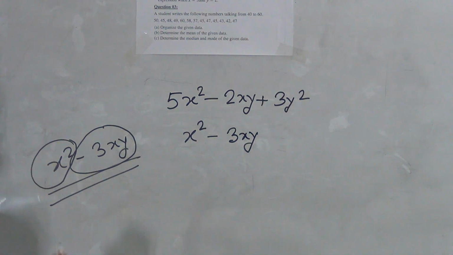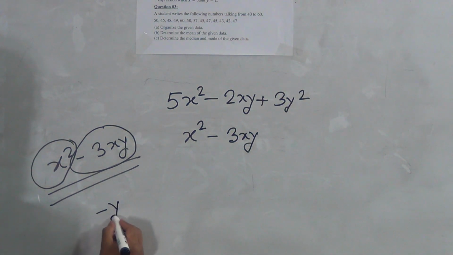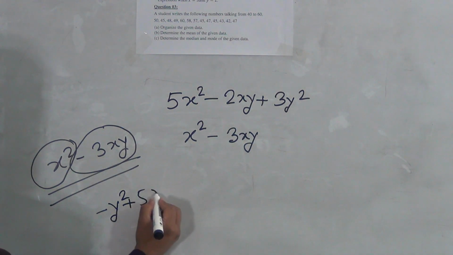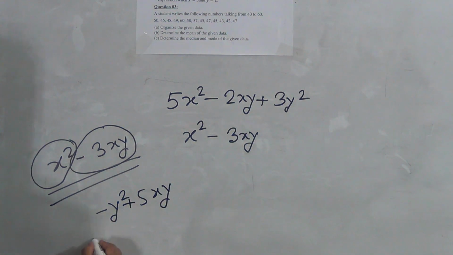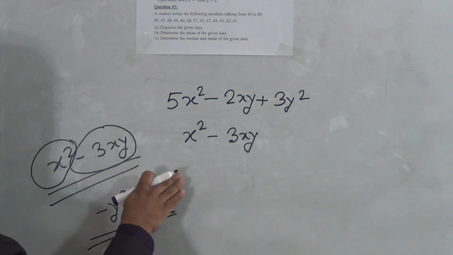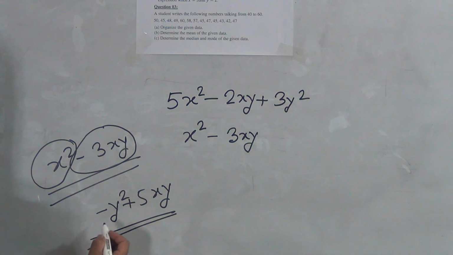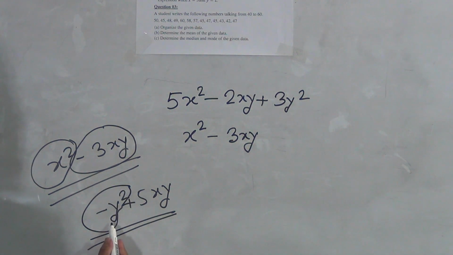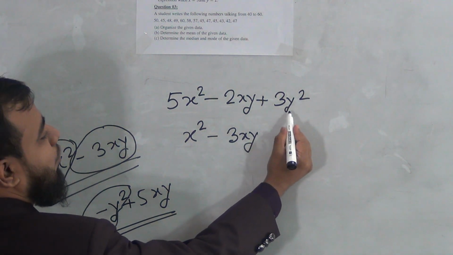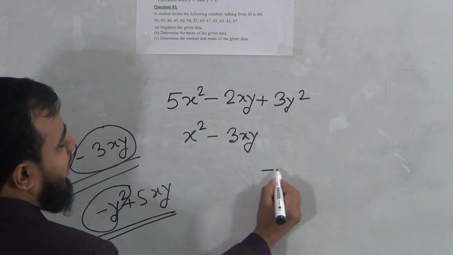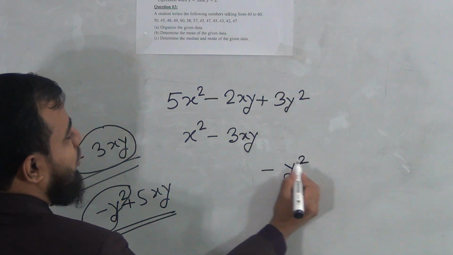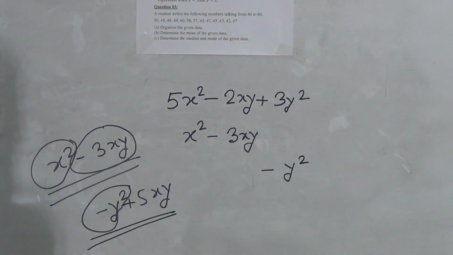Now our third expression is minus y square plus 5xy. We need to write the third expression in the third row and arrange the similar terms. Minus y square is the similar term of plus 3y square, so we should write minus y square below plus 3y square.